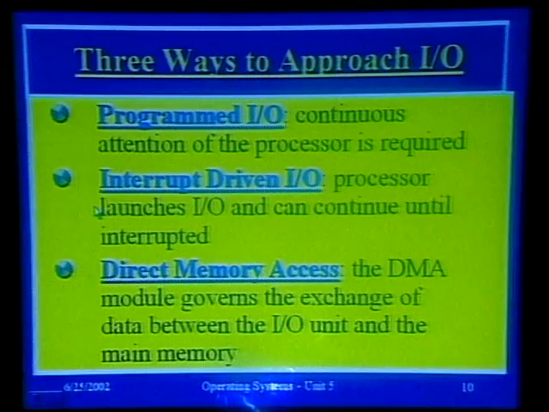The processor launches I/O and it continues until it is interrupted, and these interrupts are generated by clocks, as we will see shortly. Or we can look at the I/O devices from the point of view of how they access the memory. Direct memory access devices, the DMA module governs the exchange of data between the I/O unit and the main memory.